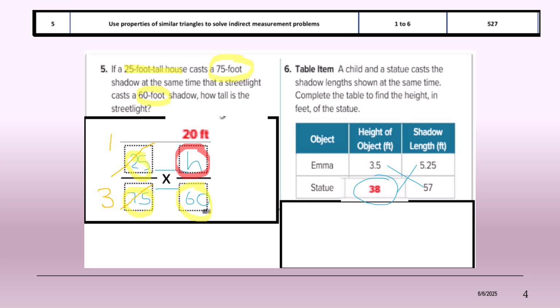Now if I cross multiply, it will be 3h is equal to 60, and when you work out the equation, it should give you 20 foot. Similarly, you would use the same strategy to complete example 6.